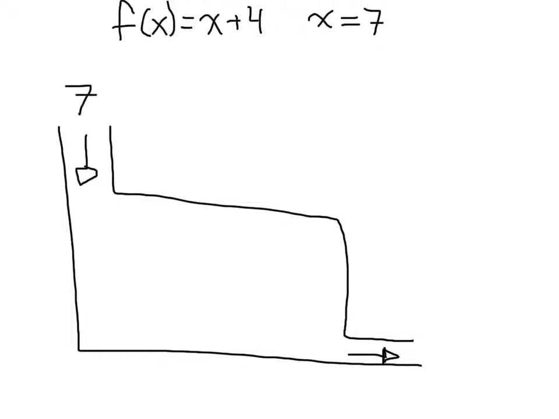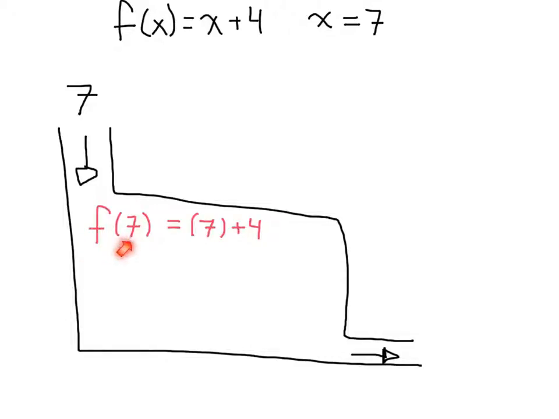So 7 goes into our function here, and then inside we'll do the math. Now this side right here does not mean f times 7. This means my function name is f and I have 7 for the input. So don't confuse this with multiplication. This is a name. 7 was input into function name f.